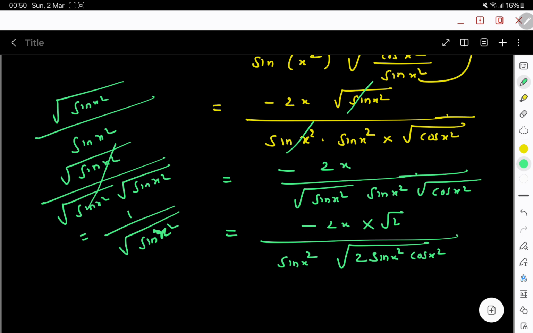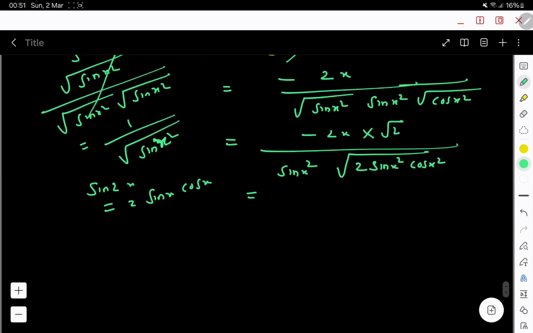Because we know the sin 2x trigonometry formula: sin 2x is 2 sin x cos x. To bring that formula, I multiplied by root of 2, so minus 2 root 2 x sin x square under root of 2 sin x square cos x square.